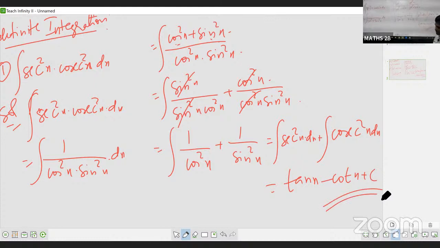Integration of secant square x is tan x and integration of cosecant square x is minus cot x plus c. Is it clear? Very important, which was asked so many times.